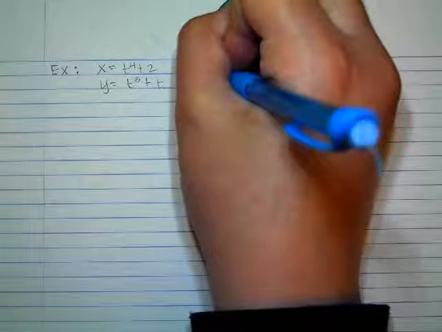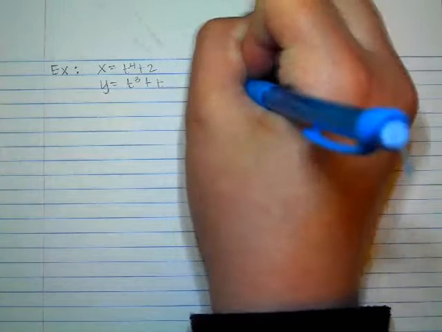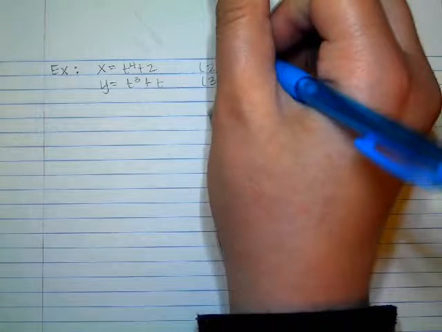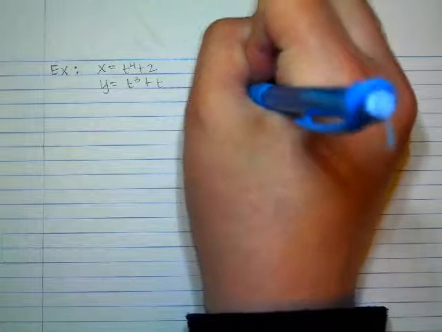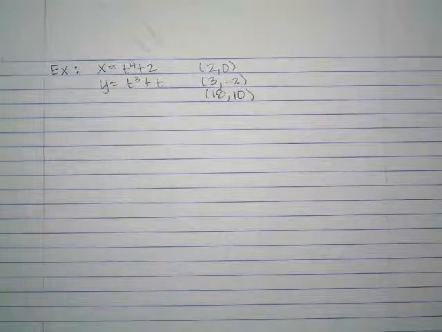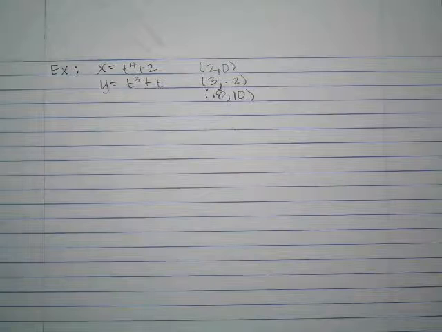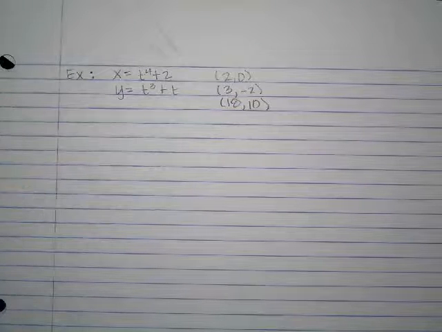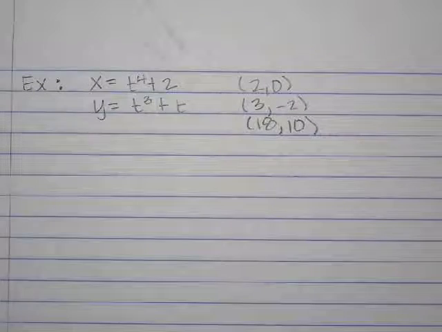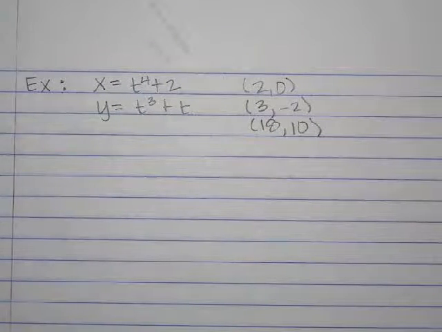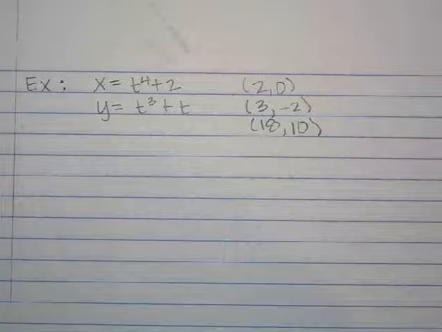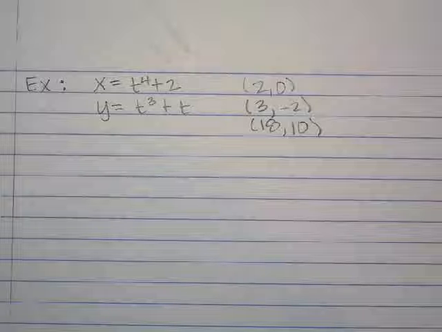We're going to have the points (2, 0), (3, -2), and (18, 10). There was one of these on the worksheet, but I just wanted to walk through it to give you guys an extra example. I didn't even do all three of these.